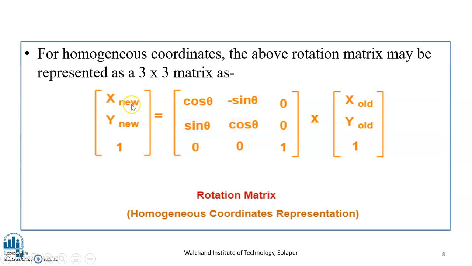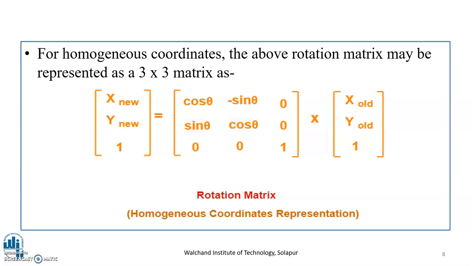So the point after rotation, that is x new, y new, and 1, is equal to the matrix cos theta, minus sin theta, 0; sin theta, cos theta, 0; 0, 0, 1; multiplied by x old, y old, 1. So this matrix is a rotation matrix, and the representation is given using homogeneous coordinates.